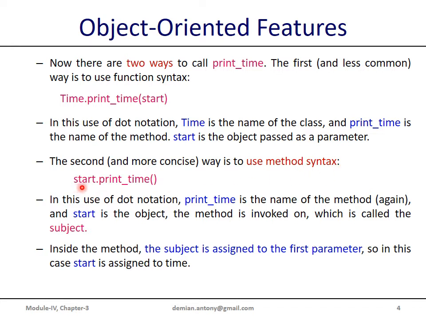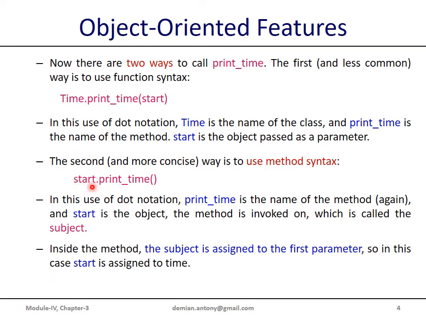It goes like this: it starts with the object dot the function, and we are not going to specify the object as a parameter here. The print function takes one parameter, an object parameter, but here we have an implicit object. This implicit object is also called the subject.